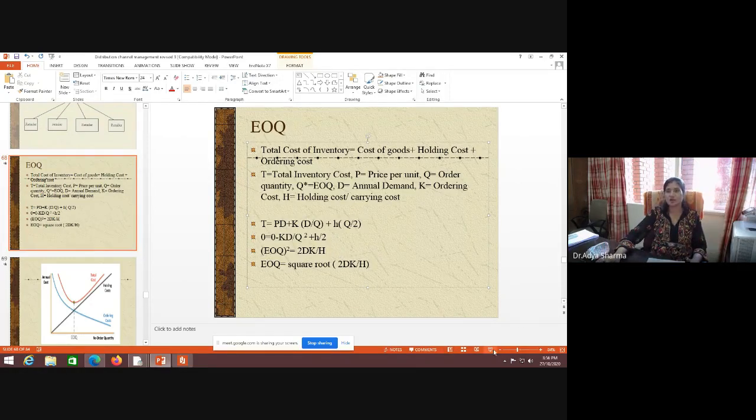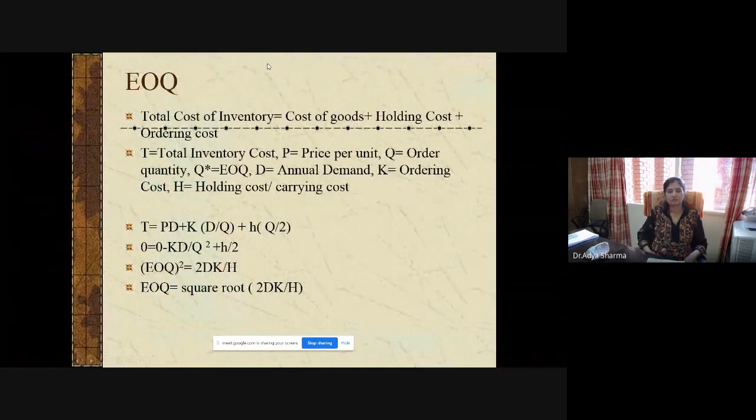So this is your formula for EOQ. Economic order quantity is an extremely important concept because, as I said, this is the quantity which helps us in minimizing the total cost.